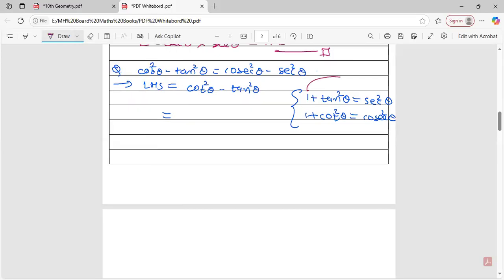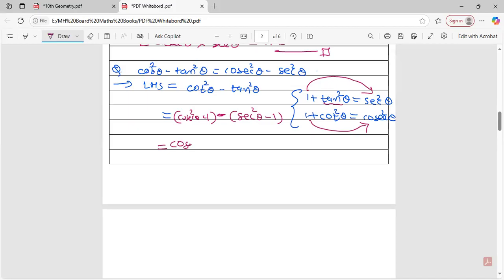Now shift this 1 to this side. You will get, in place of tan square theta, sec square theta minus 1. So it is like minus (sec square theta minus 1). And shift this 1 to this side. You will get cot square theta as cosec square theta minus 1. Now open this bracket by multiplying this minus sign to it.